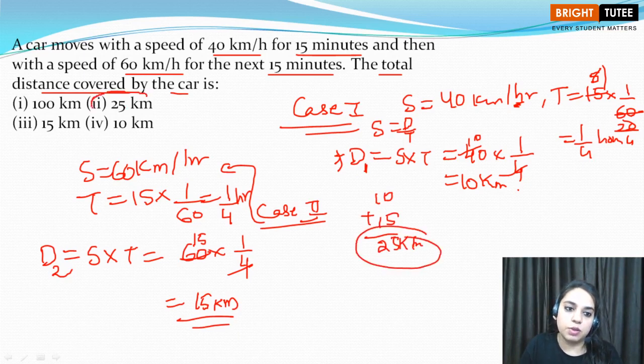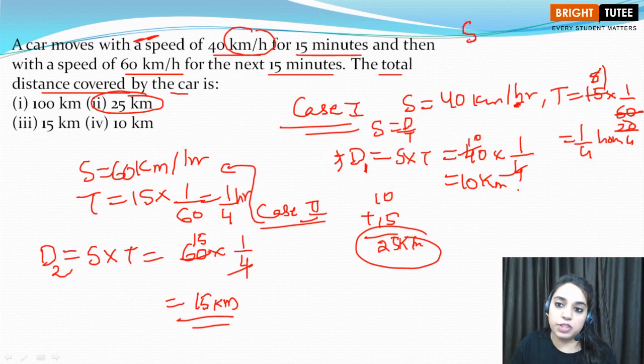So children, you saw how simple these numericals are. You just don't fear numericals. You just keep on solving. Just keep the concept in mind. The first thing, before solving any numerical, you should check the units. The units should be the same. The second thing that you need to remember is the formula, which is speed is equal to distance divided by time.